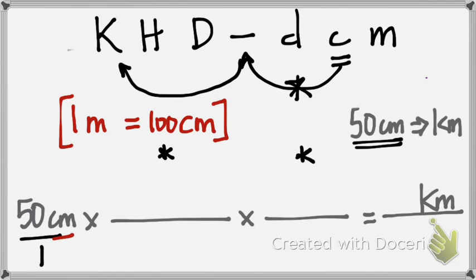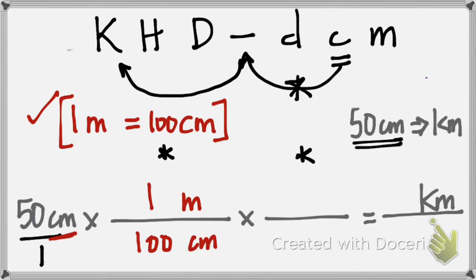Because centimeters shows up in my numerator, I want to put centimeters in my denominator, because ultimately I want that to cross cancel out. And because I'm using this equality statement, that means that meters needs to be in the numerator. And I'm using 1 meter equals 100 centimeters.